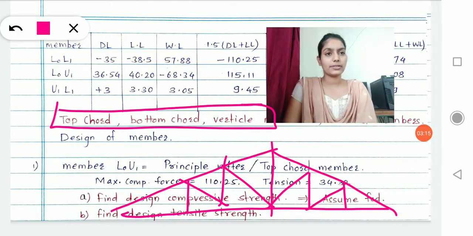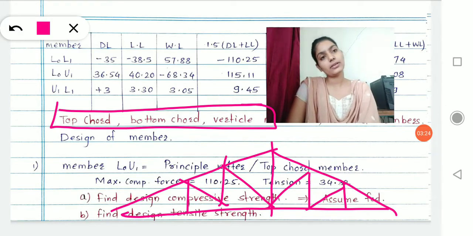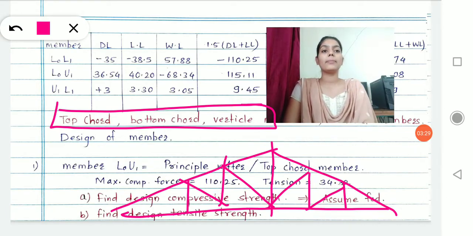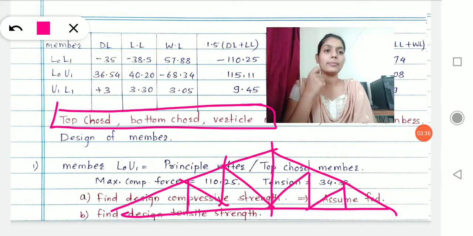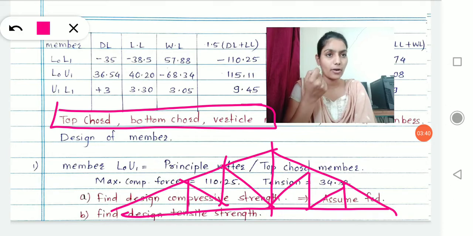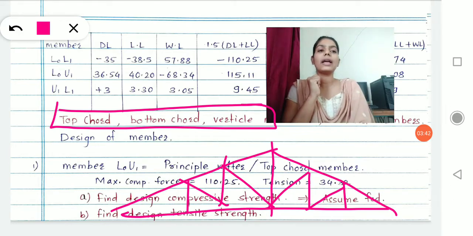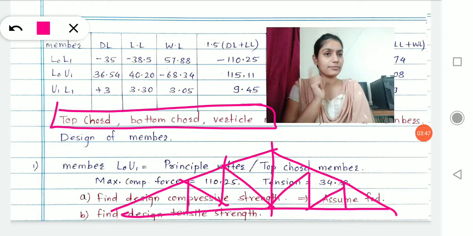Why did I say a variety of members? Because they are not the same. They carry their own magnitude or their own nature. They can be compressive members or they can be in tension. You have to understand that. You have to analyze that first. But once you get the idea whether these member forces are compressive or tensile, next comes top chord, bottom chord and inclined and vertical members.